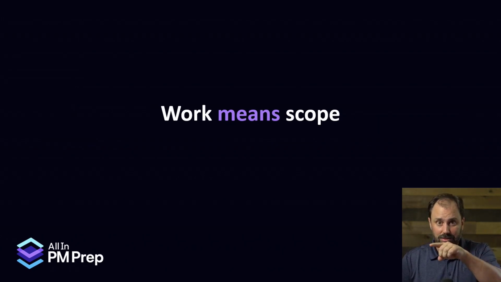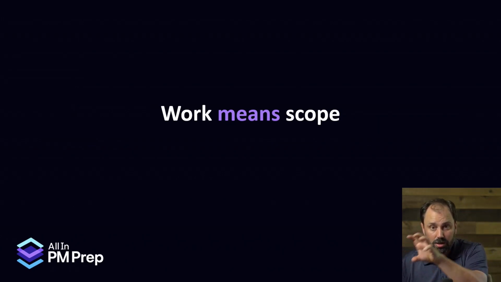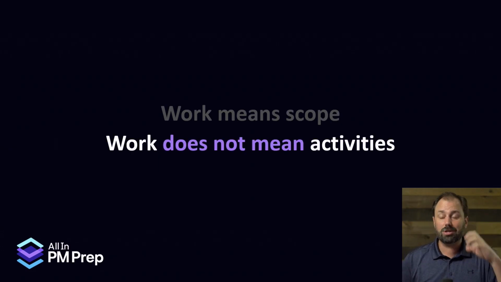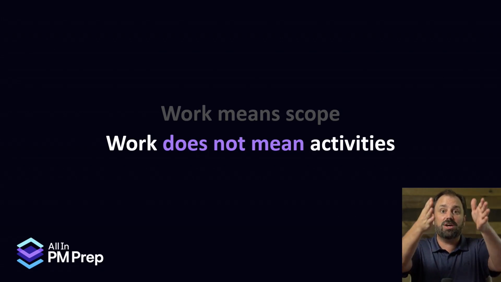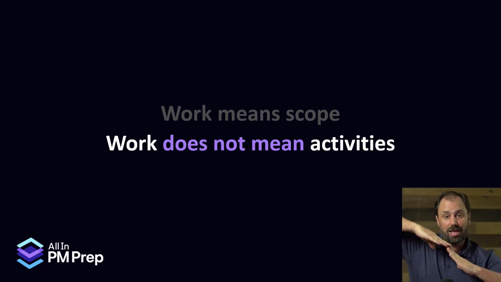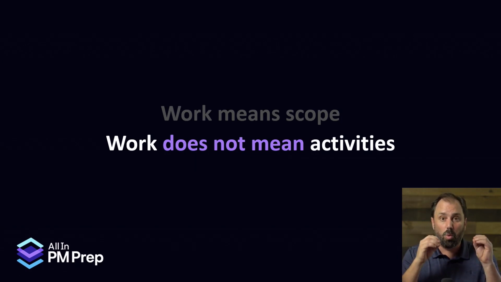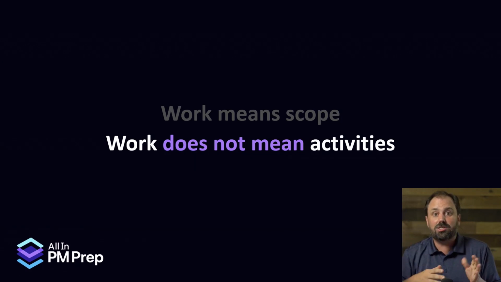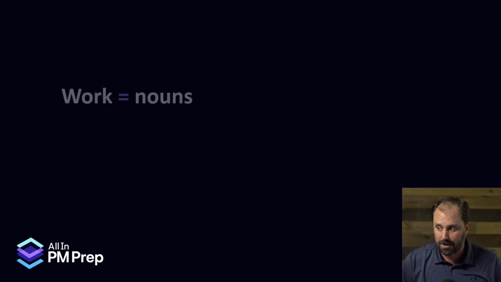Work, in this sense, work breakdown structure, work means scope, okay? Work means scope. Work does not mean activities. In the ditch example, it would not be digging the ditch, it would be the done ditch. What it is, what it looks like, the angle on it, all those different things. So work means scope. Work does not mean the activities to get to the done state, okay?